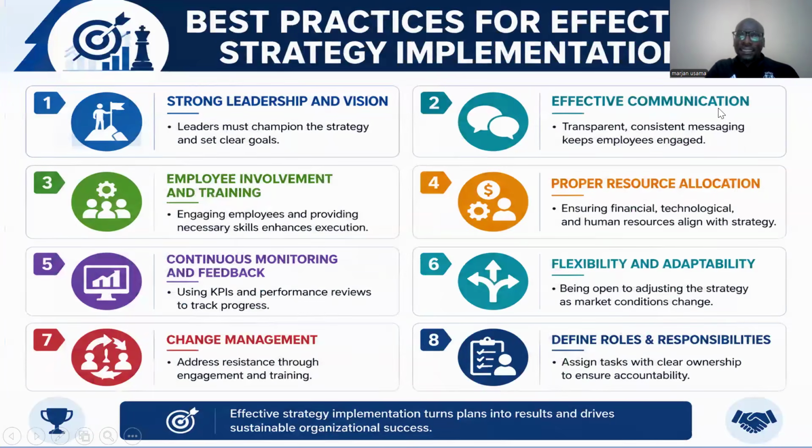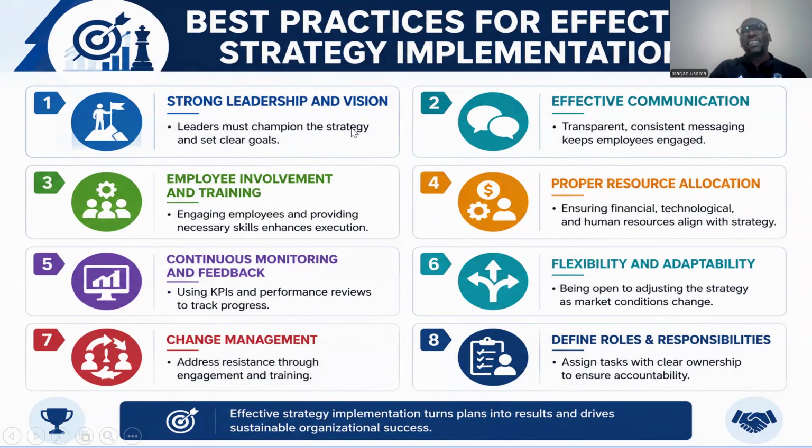Then lastly, is about what? Lastly, is about the best practices for effective strategy implementation. So if we want to effectively implement our strategy, there are 8 things that we need to do. Number 1, strong leadership and vision.